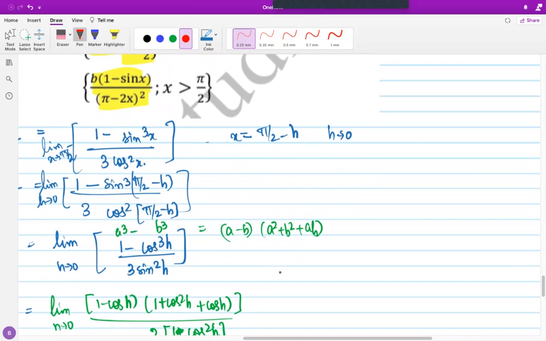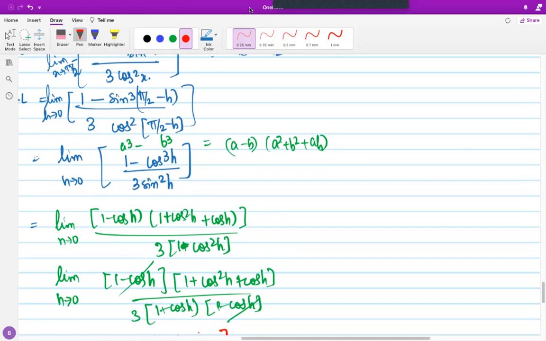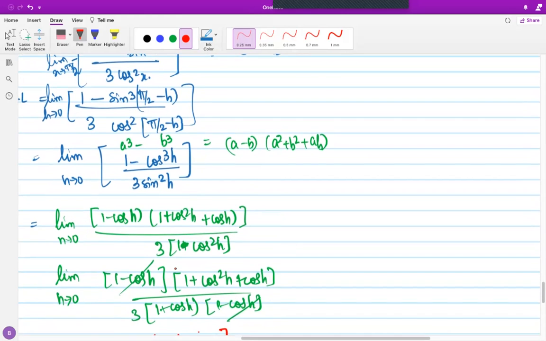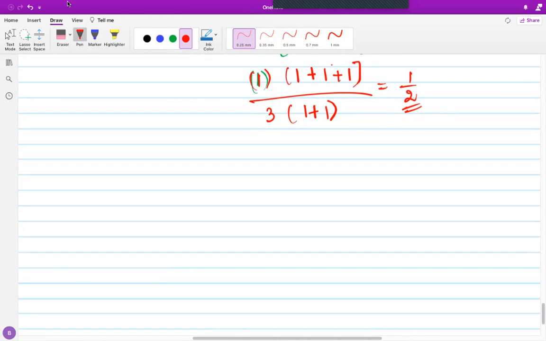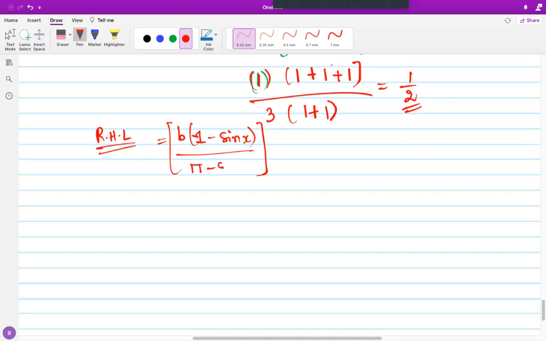When I start with RHL, that is equal to b into (1 minus sine x) divided by (pi minus 2x) the whole square.